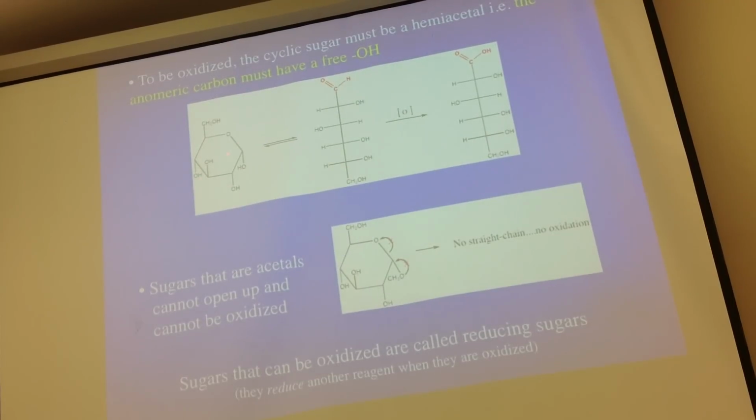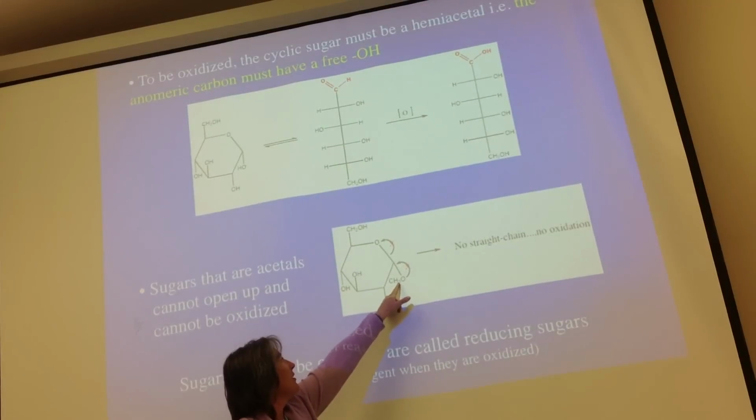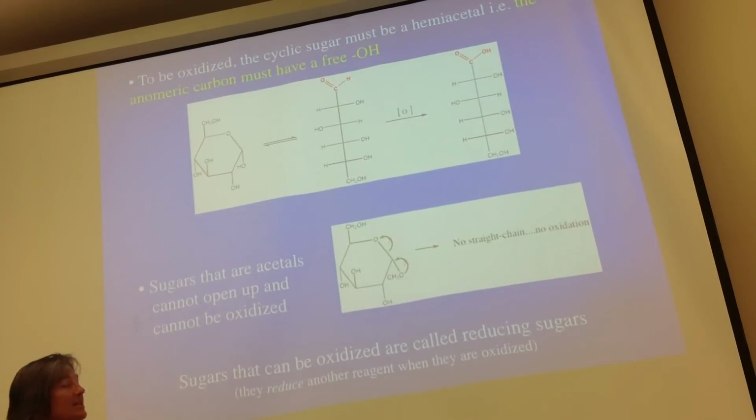So you've got to have that anomeric carbon. It has to have an OH on it, right there. This bottom example is one that can't open. So we're going to do a reaction in just a little while. We're going to put a methyl group on there. So we're going to create what is now a full real acetal.